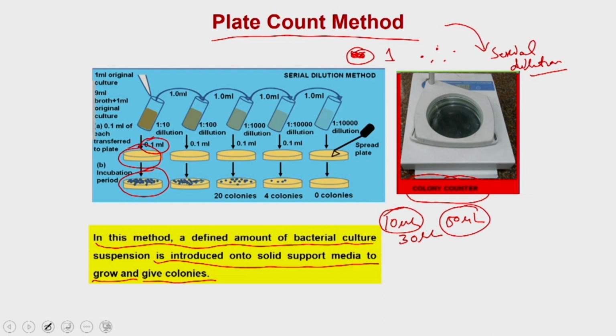The colony counter is an instrument where you have a place to keep the plate, a light source below, and on the top a magnifying lens. Because of that, even if two colonies are very close by, you are able to see them separately. With the help of the lens, you can count each and every individual colony.